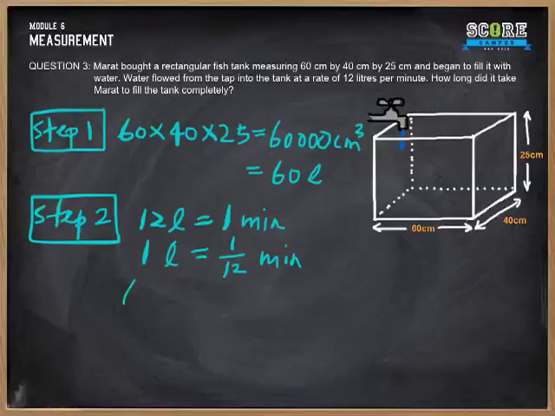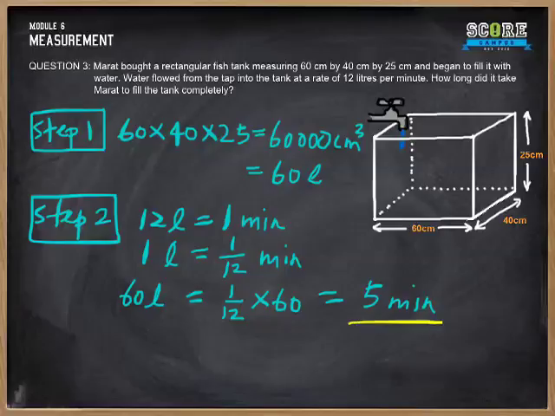So what about 60 liters? 60 liters is going to be 1 over 12 multiplied by 60. Do the math. What do you get? 5 minutes becomes your answer, and that is your final answer. It took him 5 minutes to fill the fish tank. Well done.